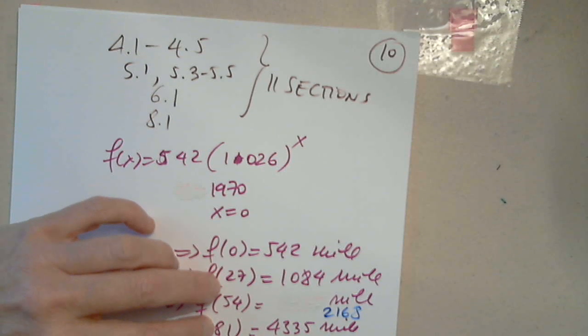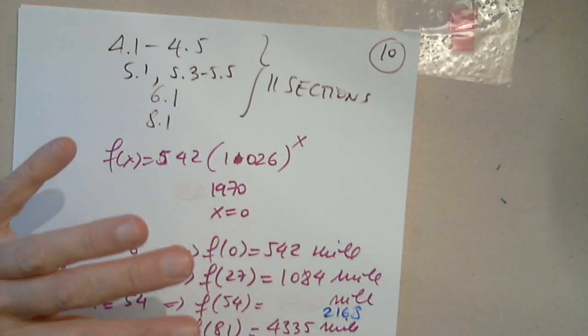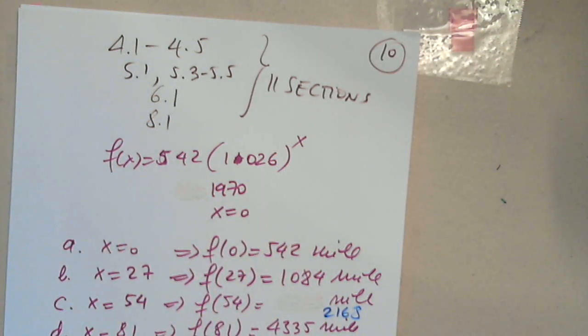From 54 to 81, from 2,000 to 4,000, roughly double. So the options are, it appears that the population is growing by a factor of 3. No. There does not appear to be a pattern. No. It appears that the population is decreasing. Absolutely not. It appears that the population is growing by a factor of 2 every 27 years.